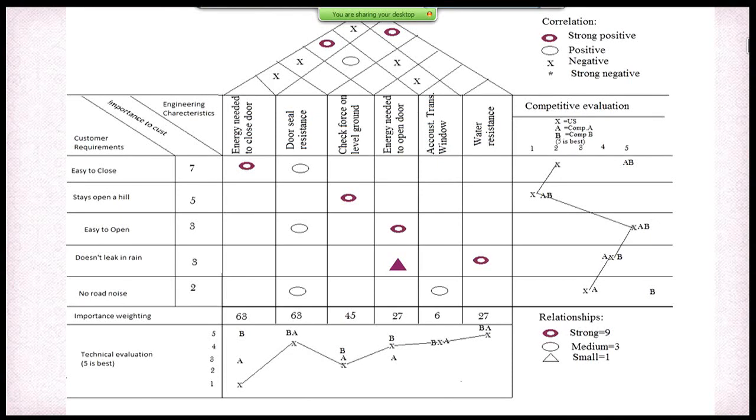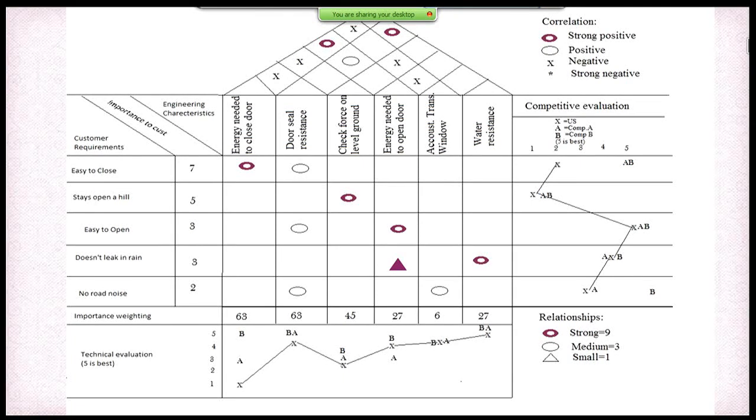Stays open on a hill is given a ranking of 1, which is a very low ranking, and easy to open is given a ranking of 5, which is a very good ranking. Similarly, all these are plotted, and we can also know our competitors' product value towards customer satisfaction. So here the graph is plotted, and we can see where our company is standing.